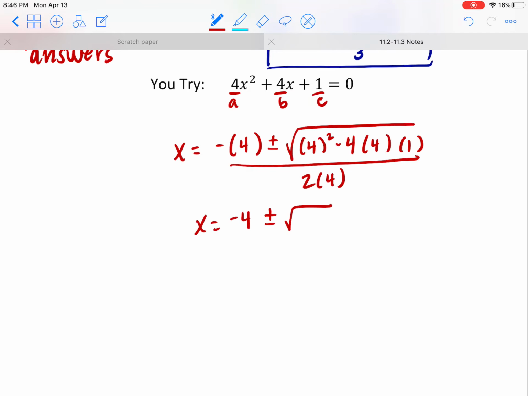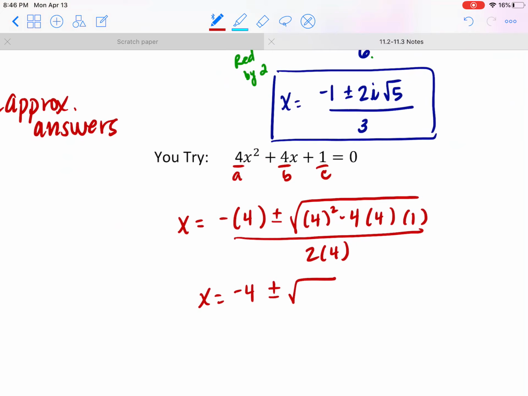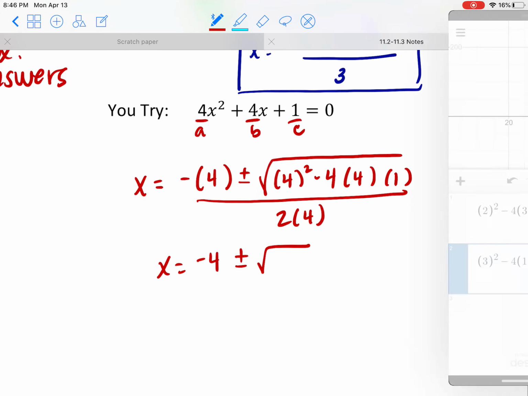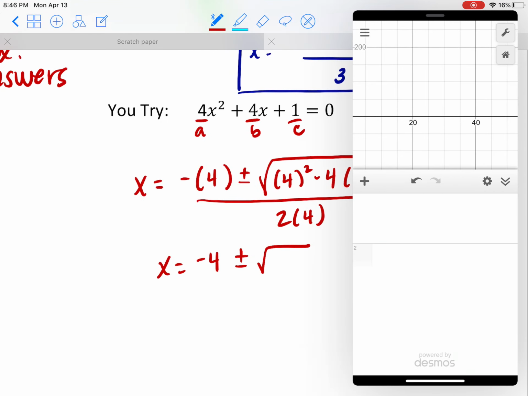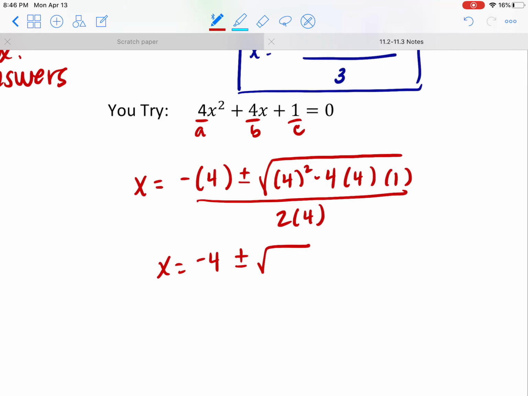So we end up with negative 4 plus or minus the square root of 4 squared minus 4 times 4 times 1. And that gives me a 0, a goose egg under the radical.